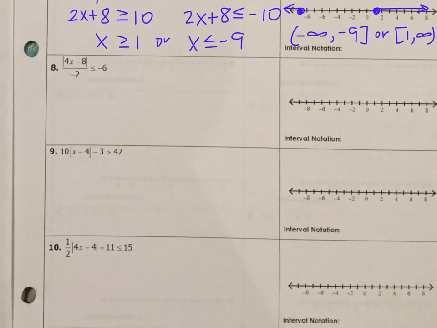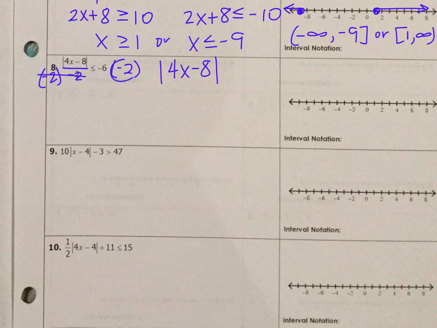Number 8, I have this divided by negative 2 I have to deal with before I can do anything else. The opposite of division is multiplication. Absolute value of 4x minus 8. I moved a negative right here, so I have to flip that sign.